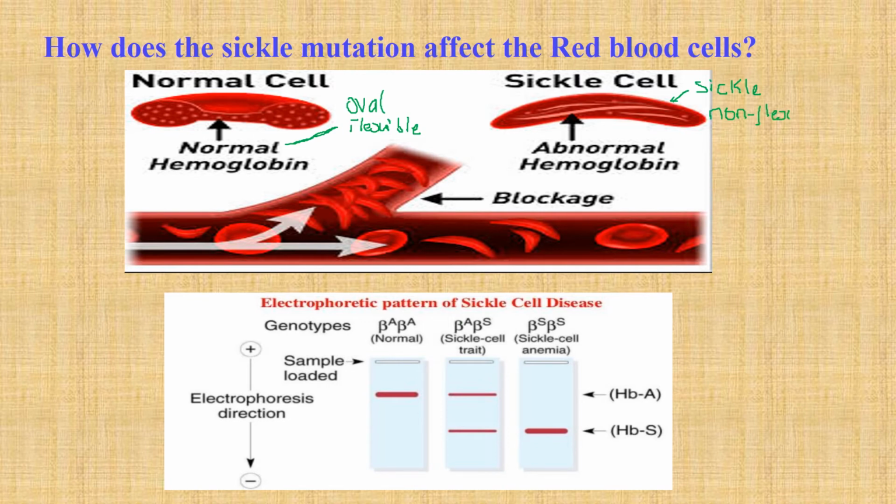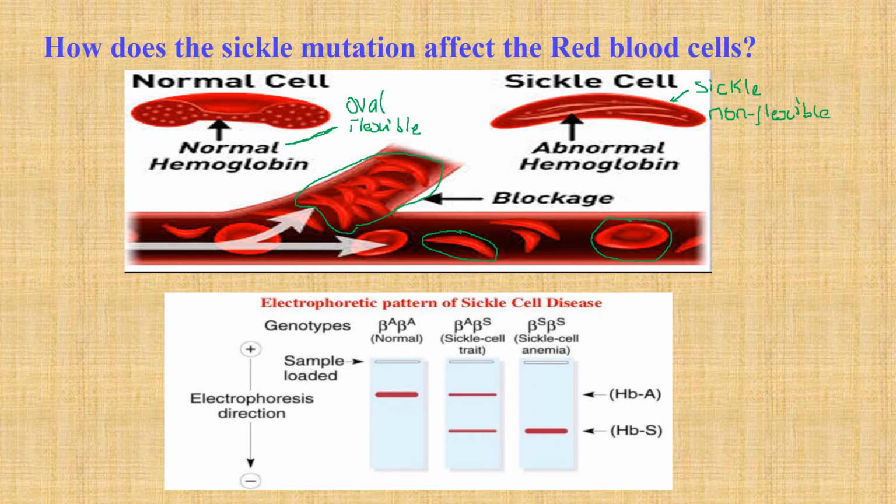So how does that lead to sickle cell disease? If we look at this diagram down here, this is the red blood cell with sickle hemoglobin that has a sickle or crescent shape, while these are red blood cells that have normal hemoglobin. Look at this place here.